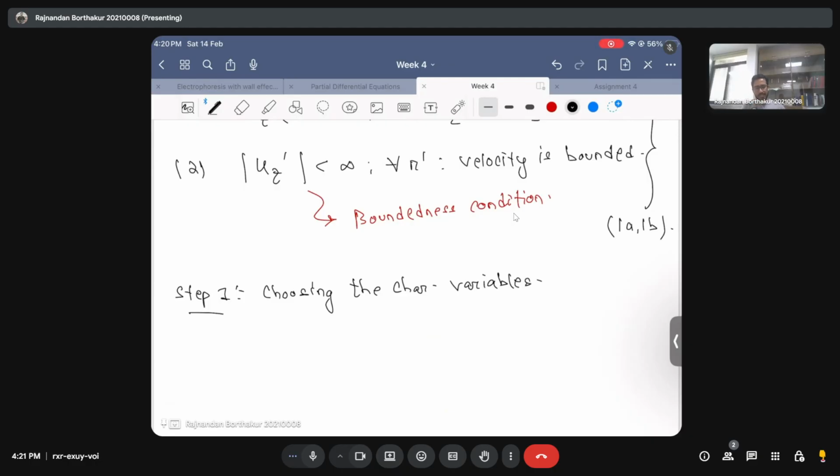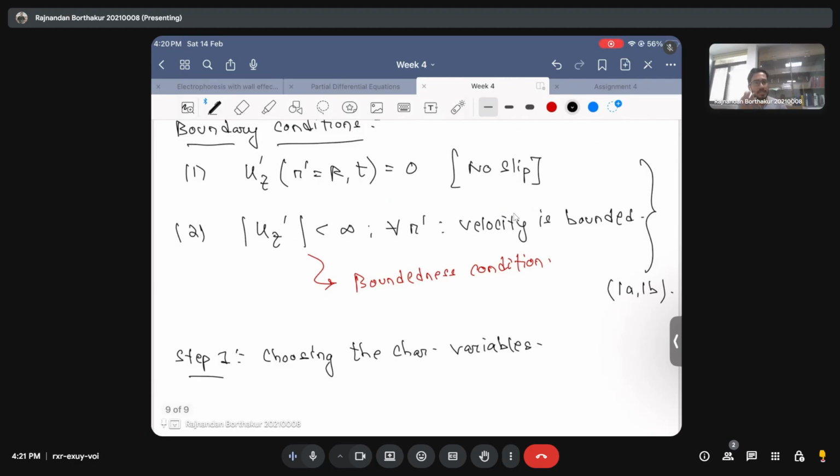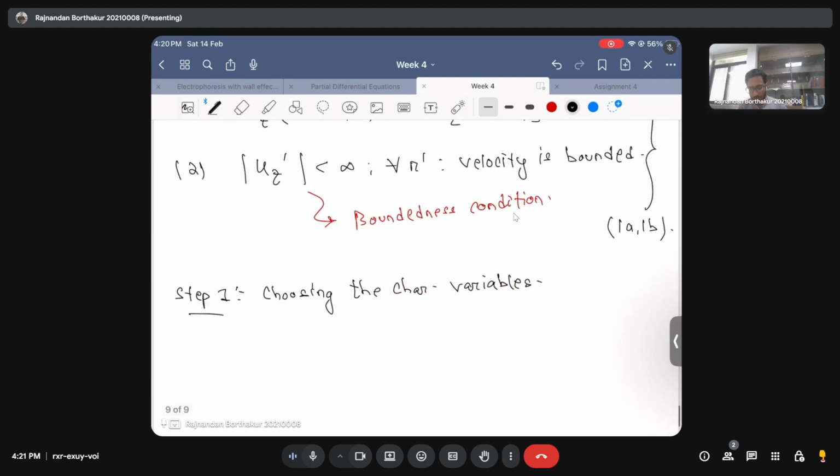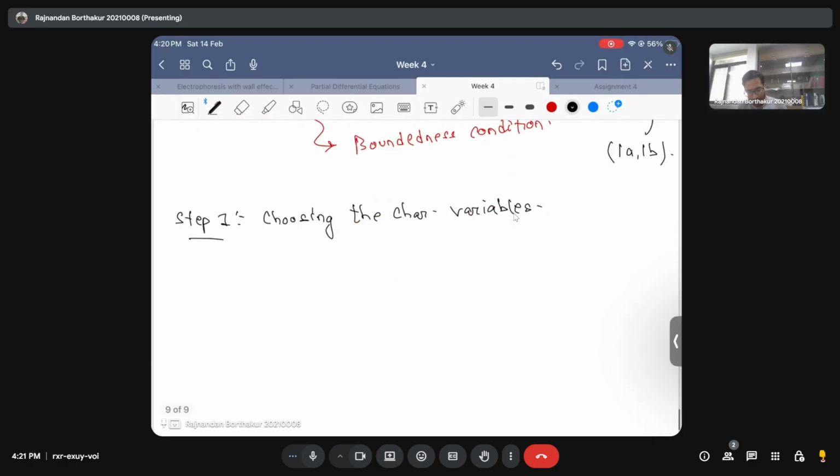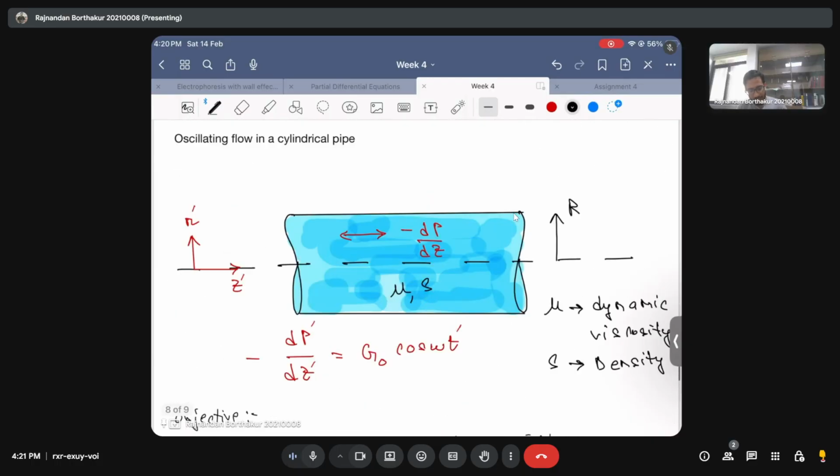Let's see what variables are already there in the problem, and in that way we will choose the characteristic variables. For example, I can choose my characteristic time scale Tc as omega inverse. That is because I know that there is an imposed time scale in this problem, as we have been discussing repeatedly, which is equal to omega inverse.